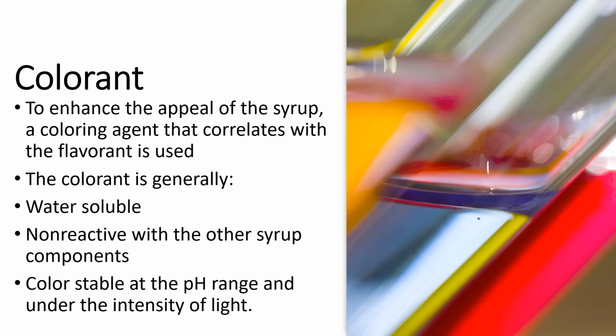So what are the colorants in a syrup? A coloring agent is basically added in the syrup to enhance the appeal of syrup. The colorant is generally water soluble, non-reactive with other syrup components, and its color has to be stable with changes in pH and intensity of light.